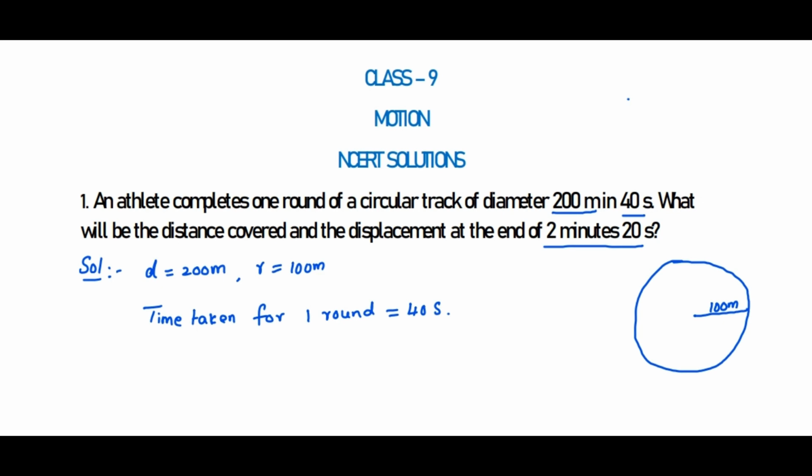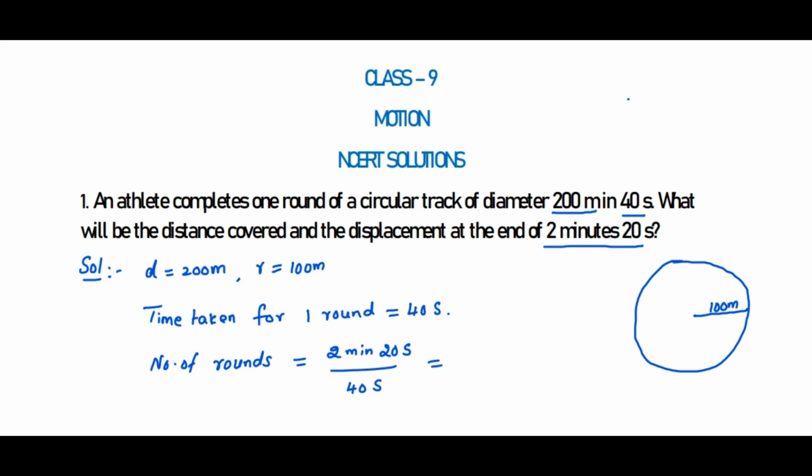Here, time taken 2 minutes 20 seconds means definitely the number of rounds an athlete completes becomes 2 minutes 20 seconds divided by 40 seconds.